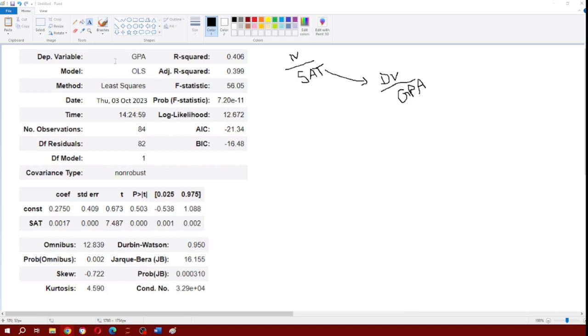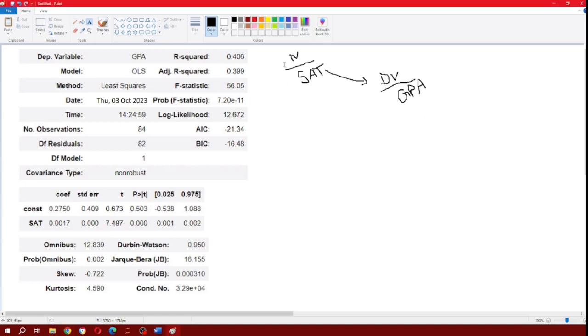So as you can see, this is the output of a simple linear regression. Of course, it's a simple linear regression because there are two variables involved, an IV, meaning independent variable, and a DV, or dependent variable, where the independent variable is SAT score and the dependent variable is GPA.